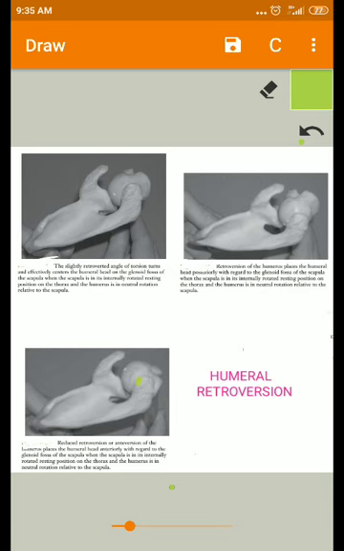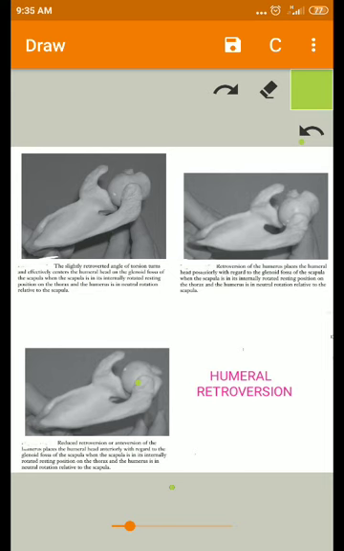If you see this normal humeral retroversion and compare with this, the head is facing anteriorly. So if the head is facing anteriorly, what happened to the angle of retroversion? Definitely the angle of retroversion is decreased.